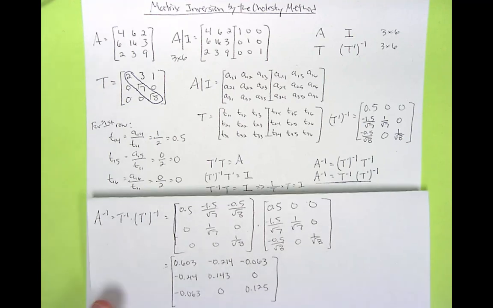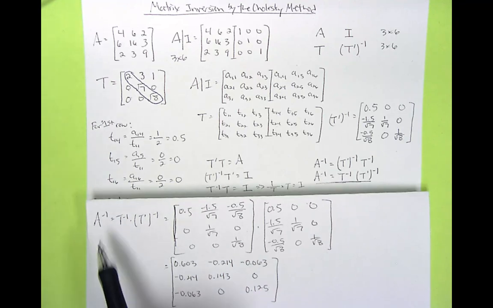Does that look familiar? Well, if you watched the video previous to this one on matrix inversion by the method of cofactors, that is what we got to be the value of the inverse of our original A matrix.